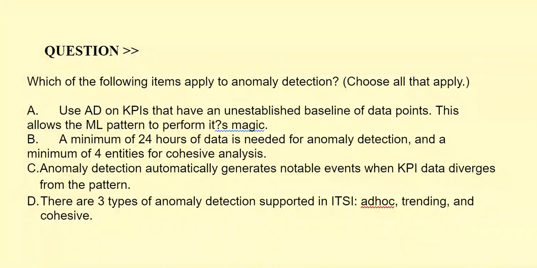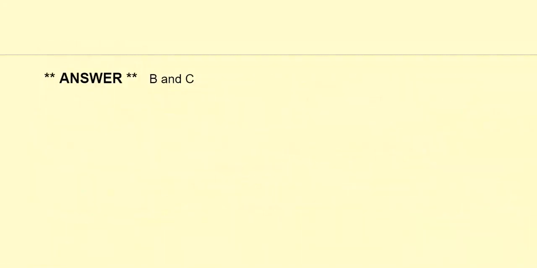Option C, anomaly detection automatically generates notable events when KPI data diverges from the pattern. Option D, there are three types of anomaly detection supported in ITSI. They are ad hoc, trending, and cohesive. The correct answers are option B and C.